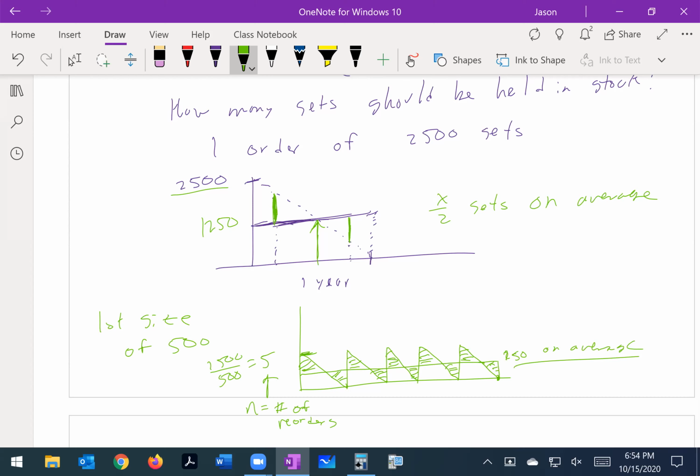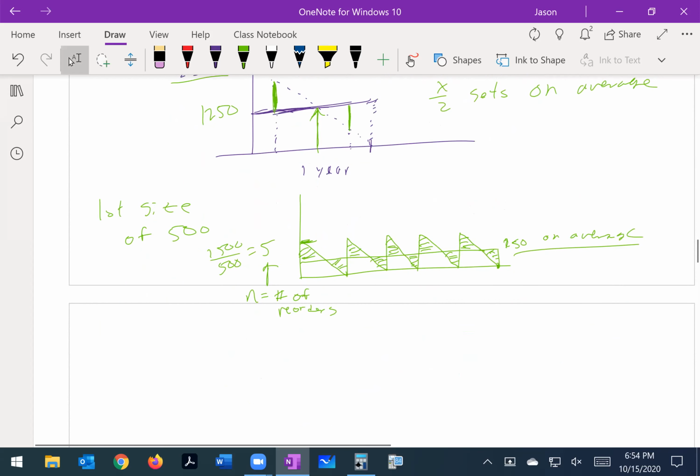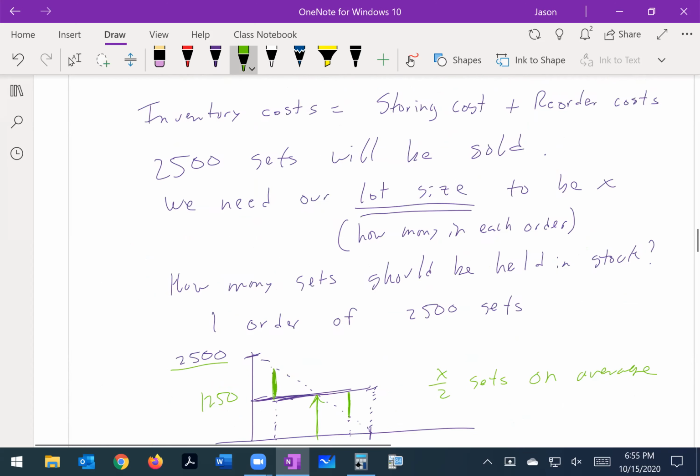Sometimes I'm paying for more sets, sometimes for fewer, but on average my storage cost is going to be my lot size divided by 2. Let me write that out. The storage cost: how much does it cost to store these things?